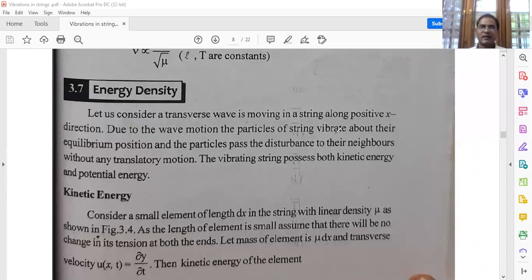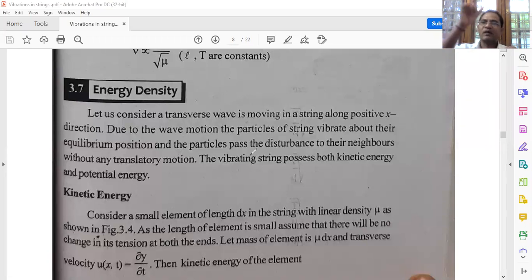So in the present class, now I am going to start the topic energy density in the stretched string. For that, consider a stretched string of length L, linear mass density mu. When a transverse wave is propagating in the stretched string, the medium is nothing but the material of that string.